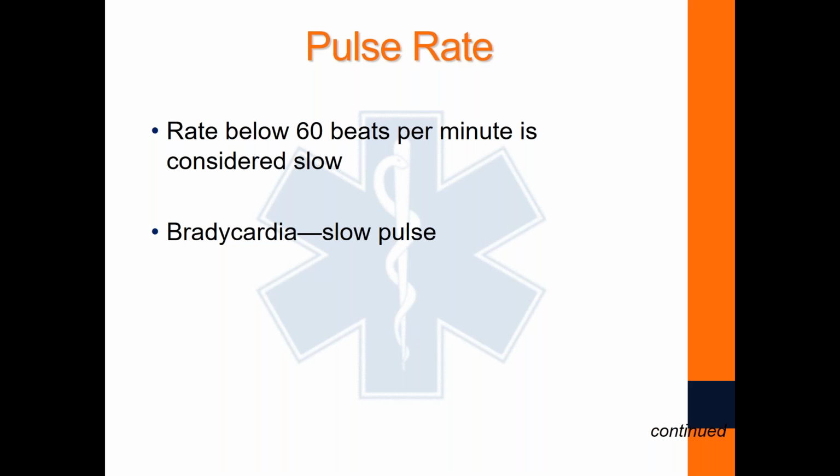Now, a lot of these vital signs are going to be based on how healthy your patient is in general. If you show up and you are working a standby for a detail at a track and field event, and your patient has a heart rate in the 40s, guess what? That's not symptomatic for him. That's not pathologic.